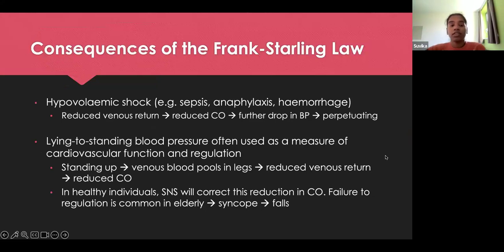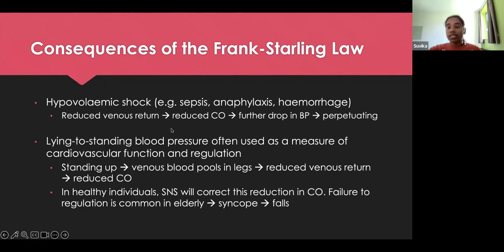So again, moving on to the pathology. What happens in certain conditions as a result of your Frank-Starling law? If we take hypovolemic shock into consideration, this is where you've got less circulating volume as a result of something like sepsis, which is an enhanced immune reaction to an infection. You can get an anaphylaxis or a hemorrhage even, because now you're losing your blood, so reduced volume.